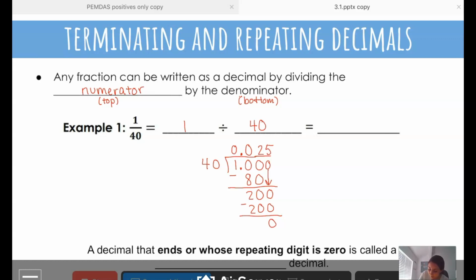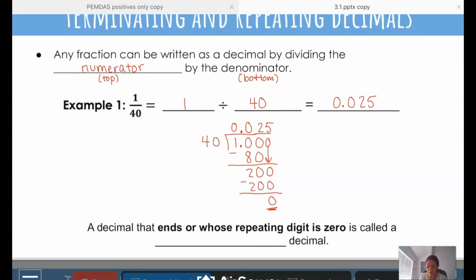So 1 divided by 40 is 0.025, or 0 and 25 thousandths. And because we got a remainder of 0, our decimal terminated or ended. So this is actually called a terminating decimal, which is a decimal that ends or whose repeating digit is 0.